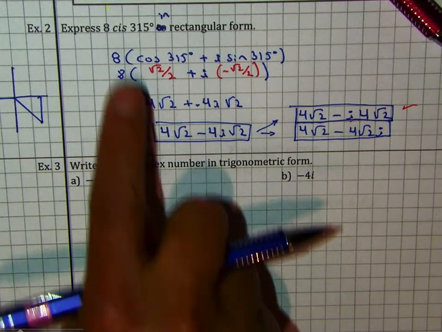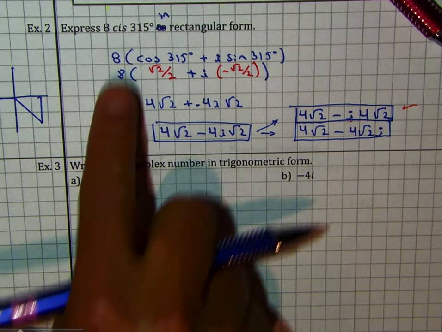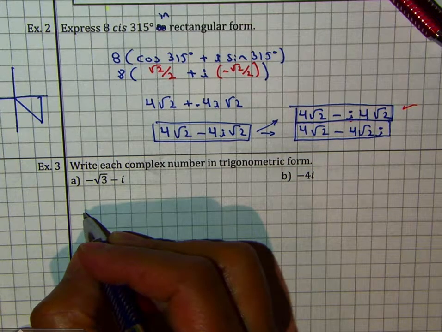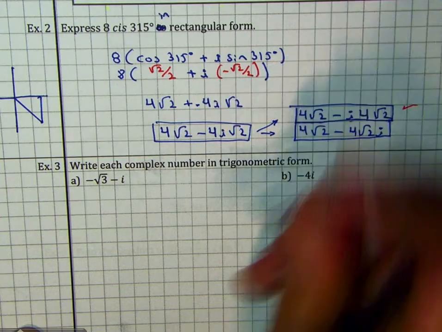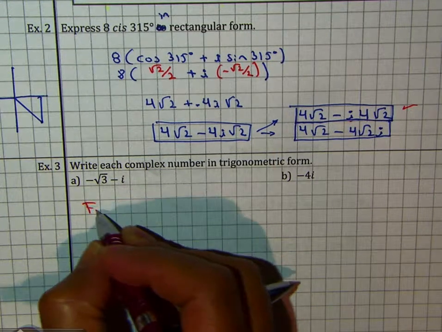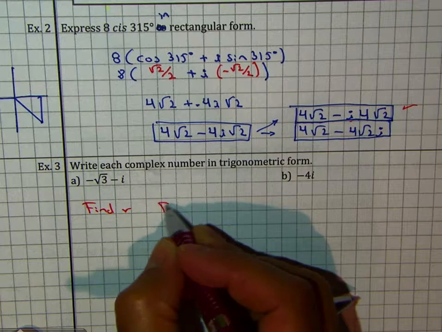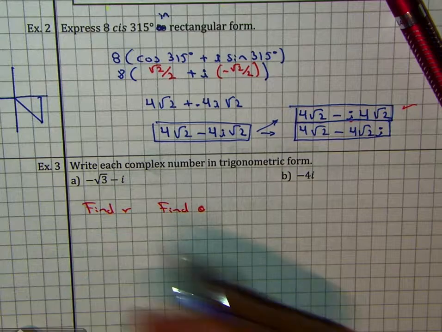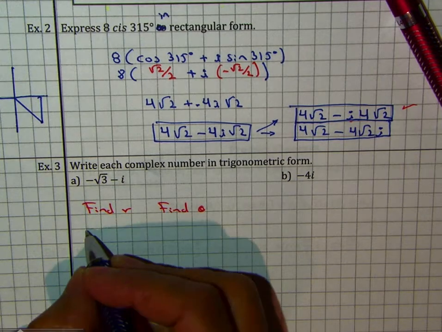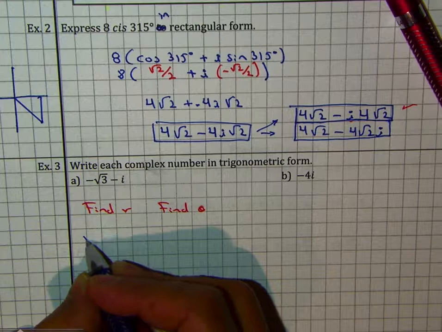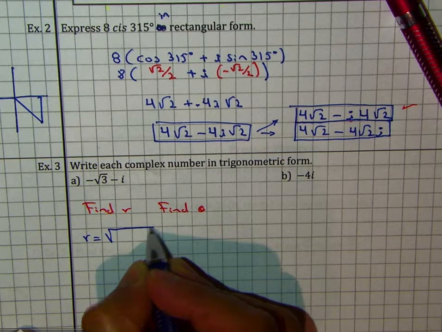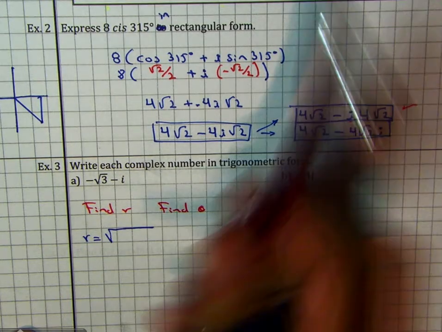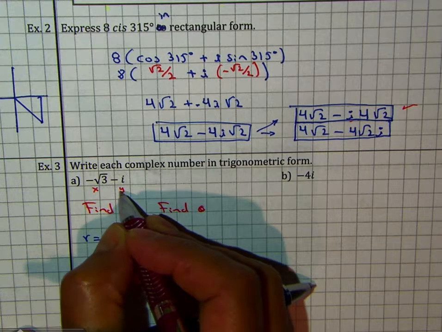In order to rewrite it in trig form, I need two things. I need to find my R, my resultant, and my angle. So let's find both things. Find R, and then we're going to find the angle. To find R is the same formula that we covered before. R is equal to the square root of x squared plus y squared, where this is your x, and this is your y.